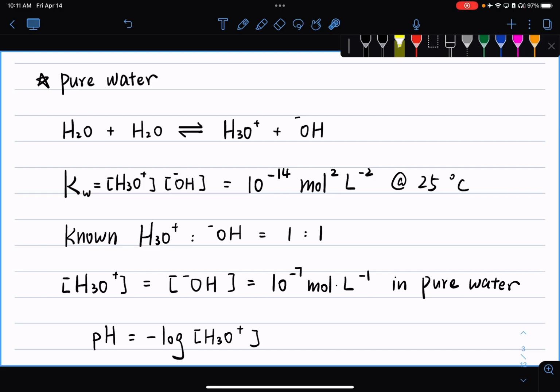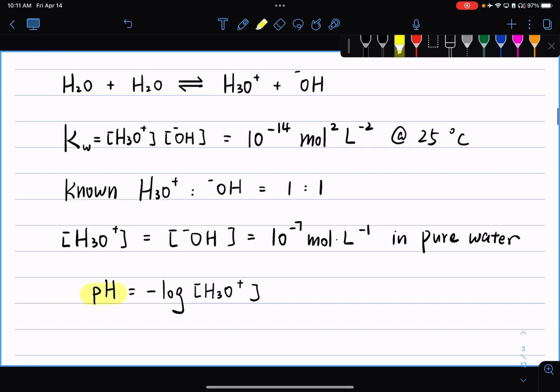And we know that in this reaction, your acid and base are always in a 1-to-1 ratio, so we can derive that the concentration of H3O plus and the concentration of OH minus are each 10 to the negative 7 mole per liter. And that introduced the definition of pH. When we're talking about pH, what we have is the negative log of the concentration of H3O plus.